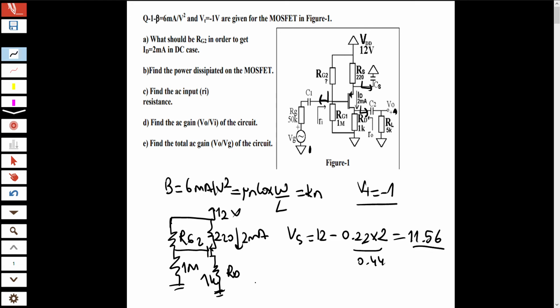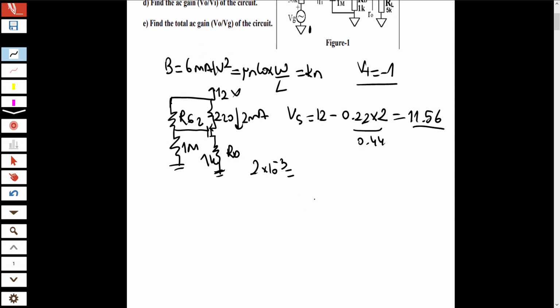And if I know ID, which is 2 milliampere, I can write the ID equation, which is 1 over 2 Kn, and Kn is given as 6 milliampere per volt square, times VGS minus absolute value of VT. Remember, this is PMOS, so in PMOS we take V source G minus absolute value of V threshold, and absolute value of V threshold is 1, squared.